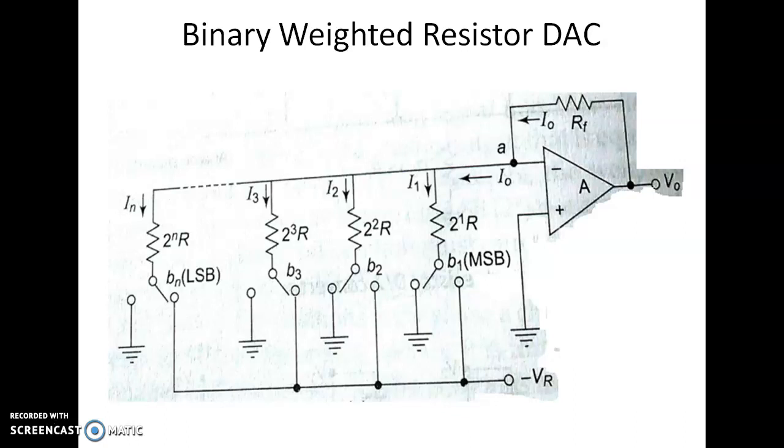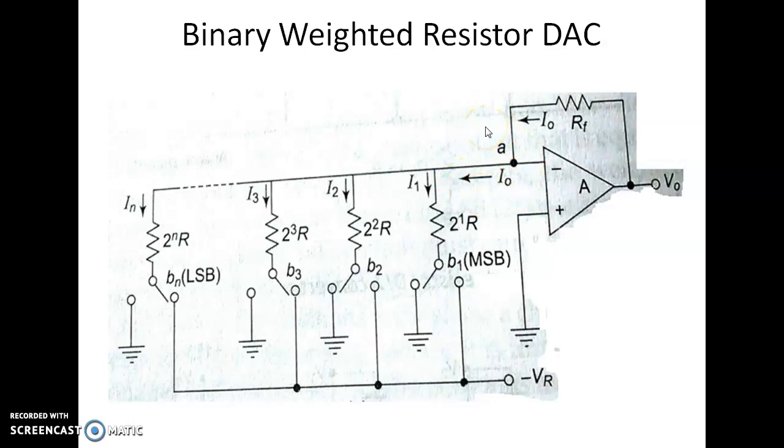Consider the n-bit digital input word to the DAC, B1, B2 to Bn, with B1 as MSB, the most significant bit, and Bn as the least significant bit. RF here is the feedback resistor, and I0 is the output current.